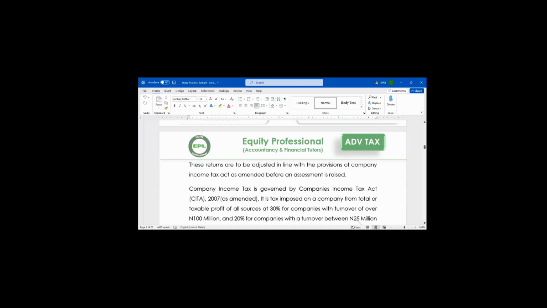But if a company turnover ranges from more than 25 million to 100 million, such kind of company is a medium scale enterprise and they are expected to pay company income tax rate of 20%.